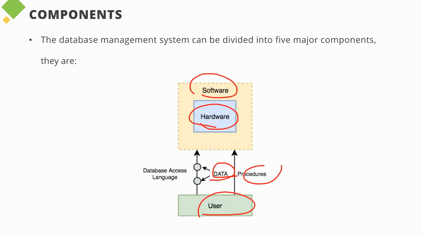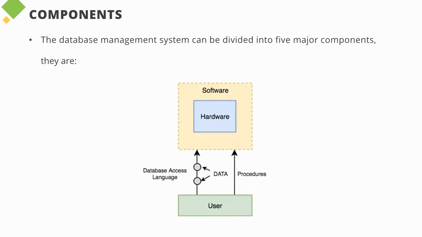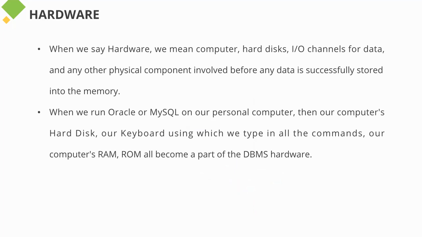The API calls the database access languages or procedures, which invoke the functions and retrieve the data that's suitable for the user. We'll be seeing each of the five major components in detail in this video.